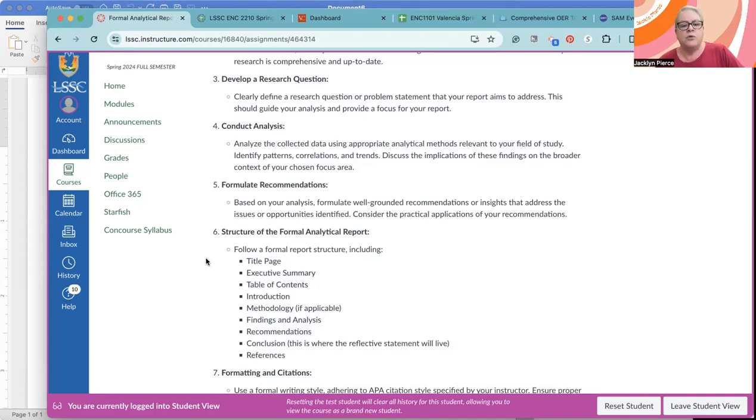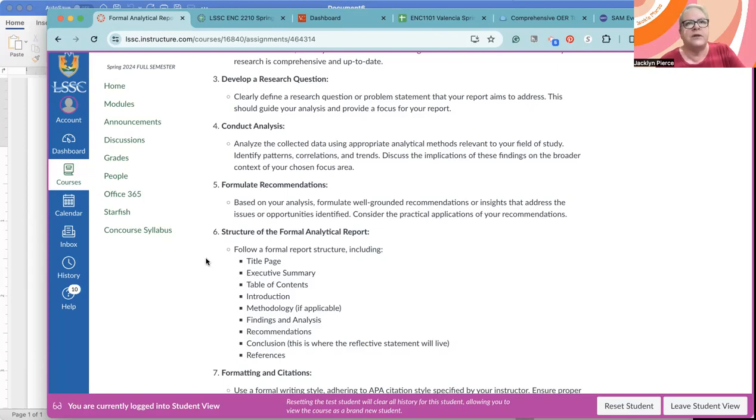In terms of structure, you will have a formal report structure. You are going to need a table of contents, so you are going to be using the headings and subheadings like we've been trying to build up to all semester. You will follow that kind of report structure with a title page, an executive summary, which is essentially the equivalent of an abstract if you ever used APA more than a couple of years ago, the table of contents, an introduction, and a methodology. That is applicable for us in terms of conducting research using libraries.